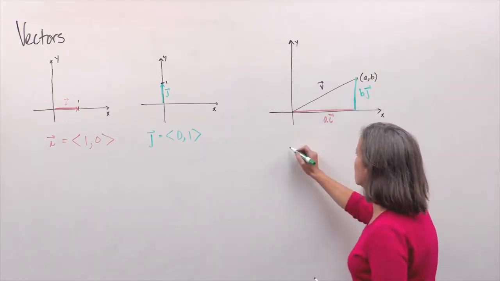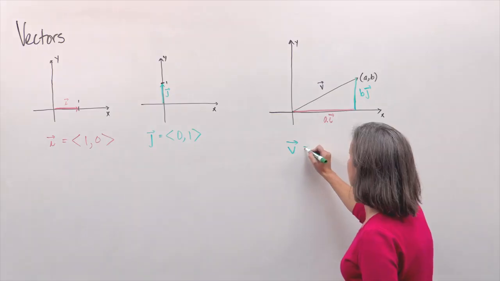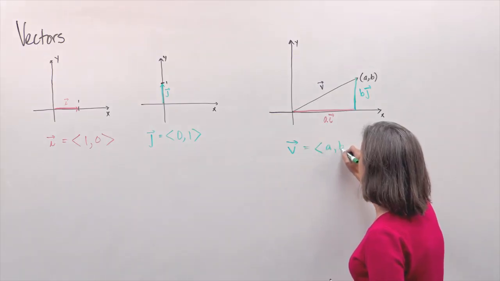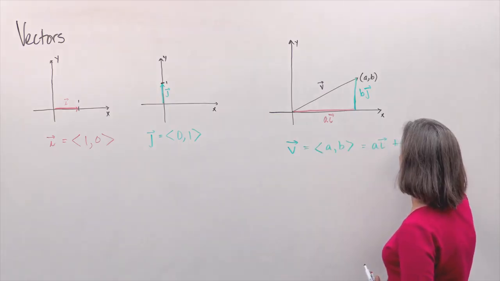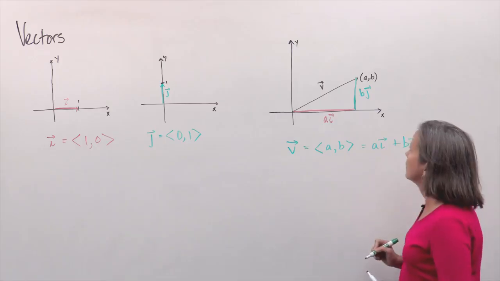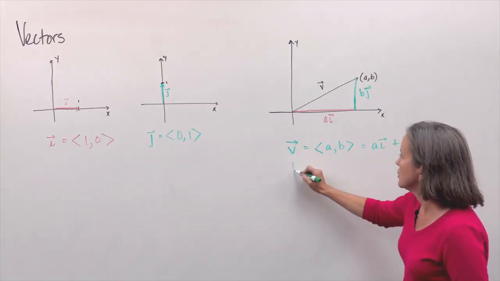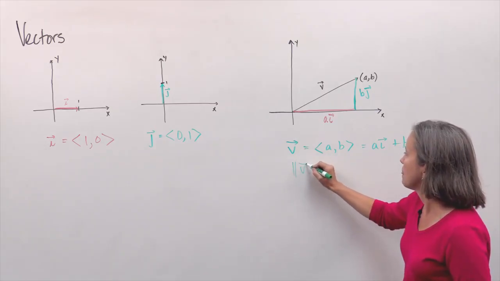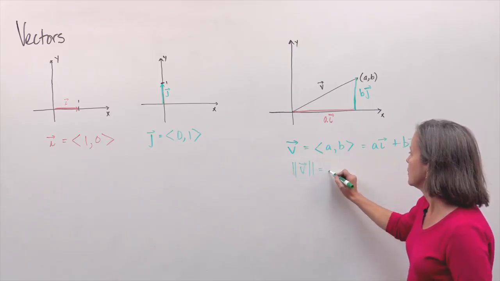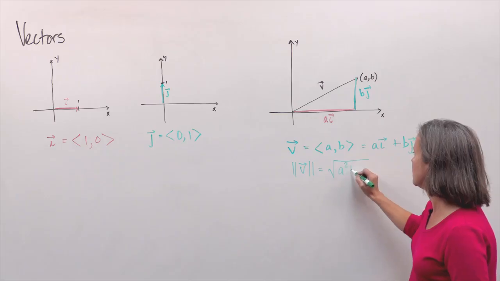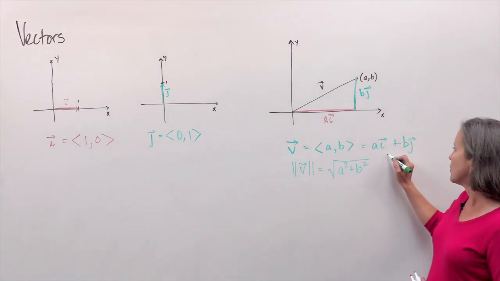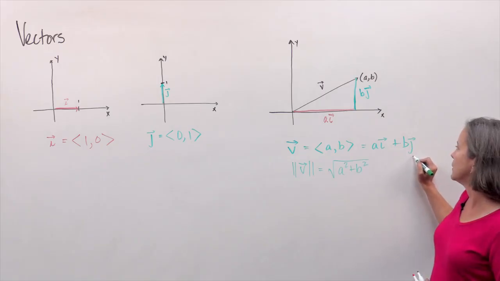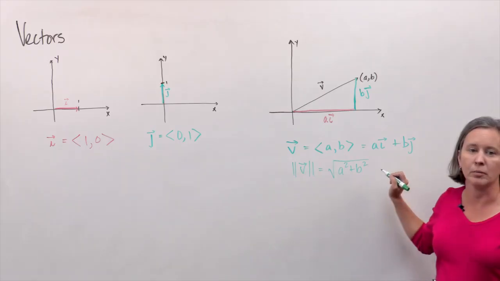So we can write that the vector v with components a and b is the same as ai plus bj. Note that its magnitude will still be the square root of a squared plus b squared. This third representation of the vector v is particularly useful for algebraic manipulation.